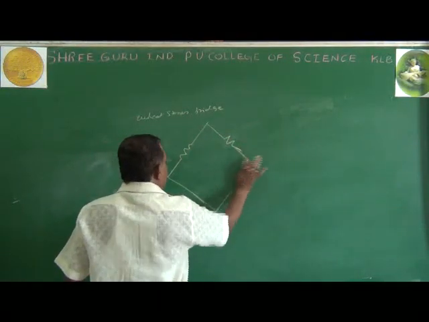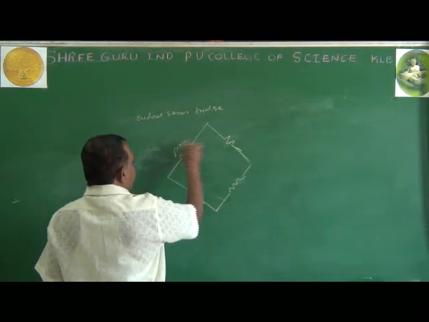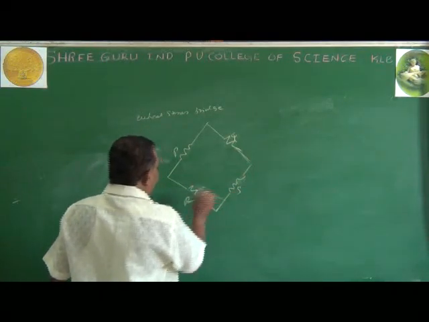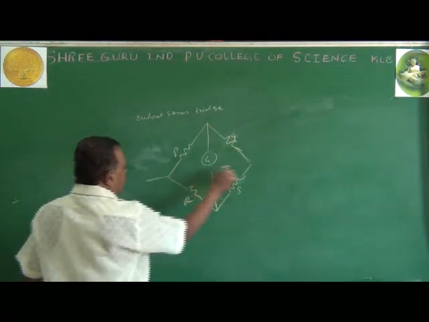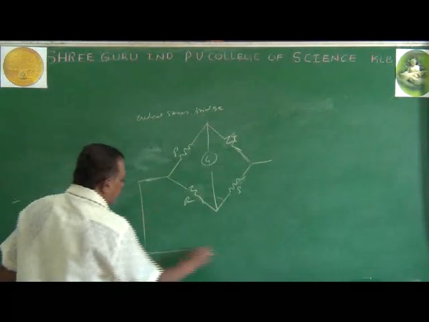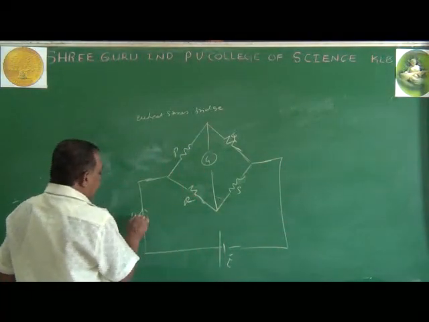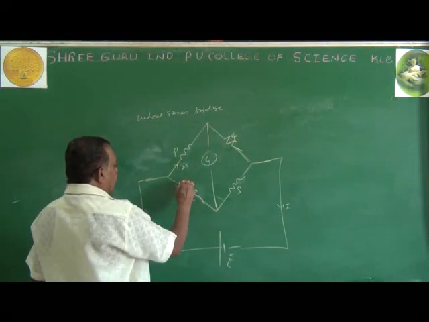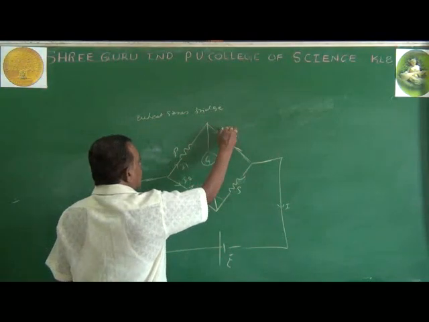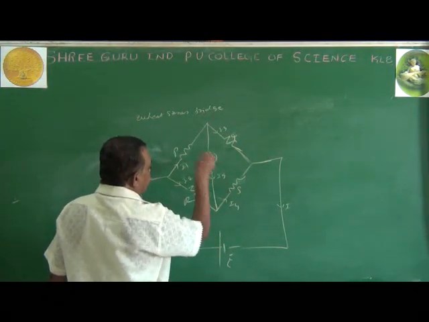We have taken four resistances P, Q, S, R in a cyclic order. Between any two diagonal points there is a galvanometer, and between the other two diagonal points a cell of EMF E. There is a flow of current I. The current divides into I1, I2, I3 and I4, and the current through the galvanometer is IG.